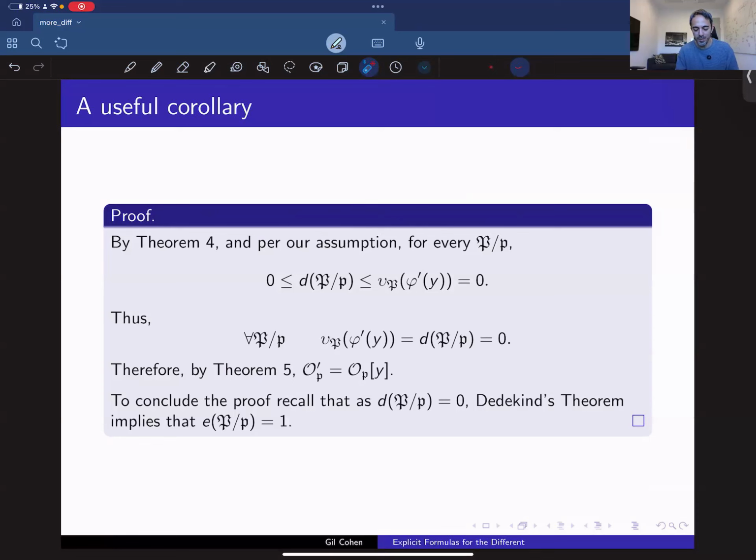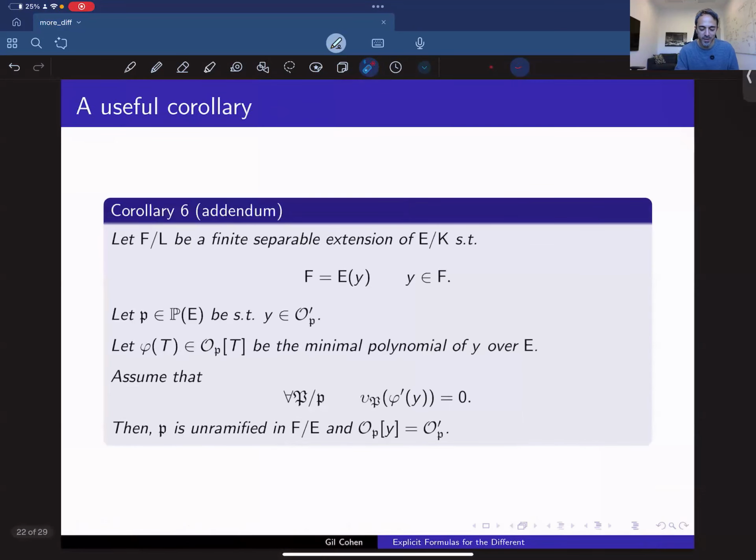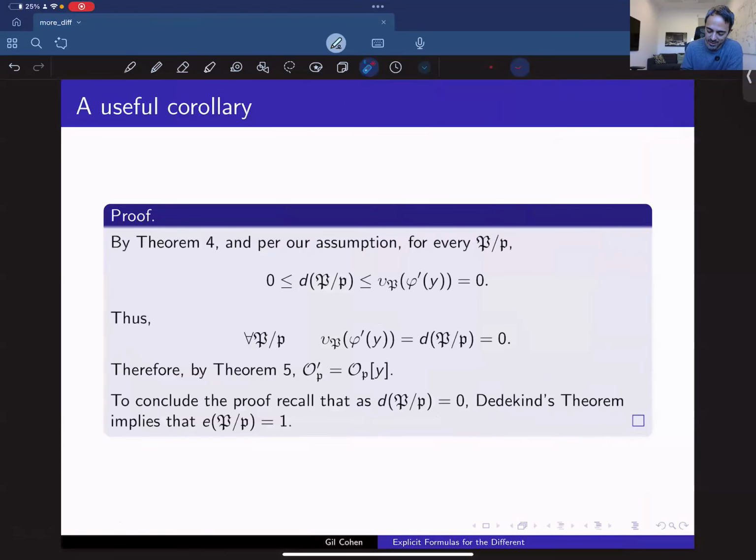So by the bound theorem, we know that the different exponent is always non-negative, but in theorem 4, we proved that this is bounded by the P valuation of the derivative, and now our assumption is that this is 0. So this means that you have equality to 0, so both of them are equal and are equal to 0.